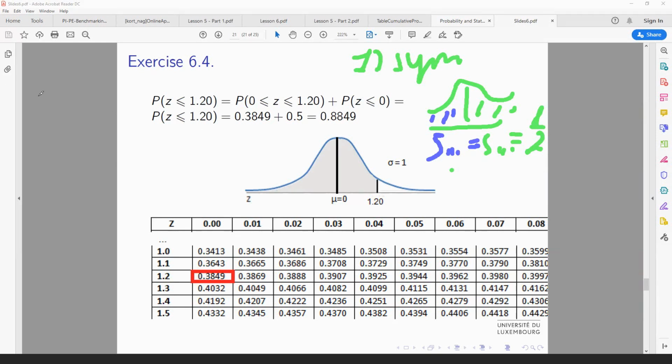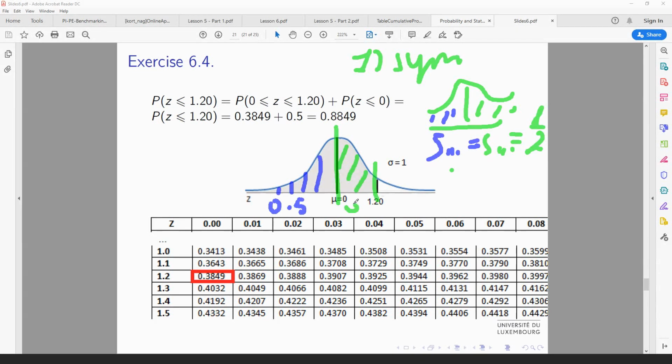So when we calculate with the area under the curve, since we have a one-tail table, we have to calculate the area of the curve and the area next to it. We know that one area is equal to 0.5, and the other area, we are searching for it from the table.